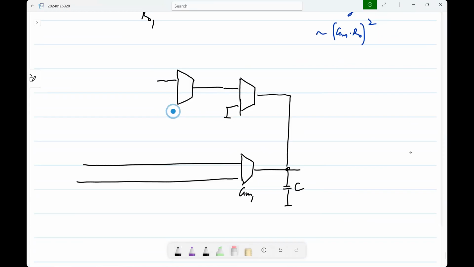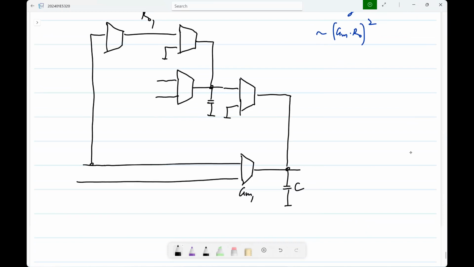Sorry. And we have, I'm trying to... I think this drawing is not very neat. Okay.